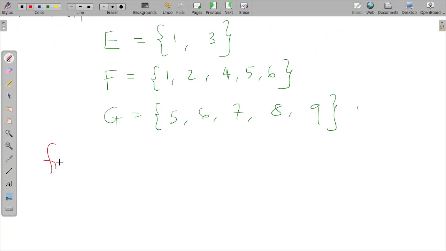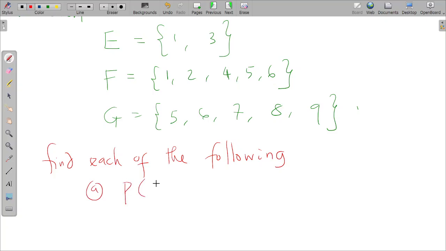So find each of the following. Number 1, we want to find probability of E given F. That's the first thing to find.